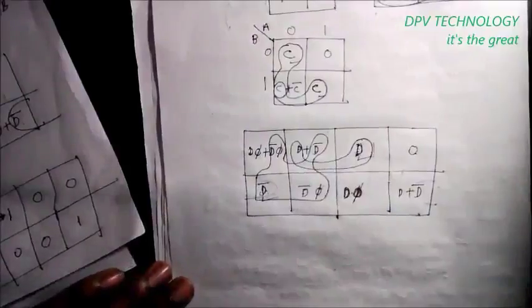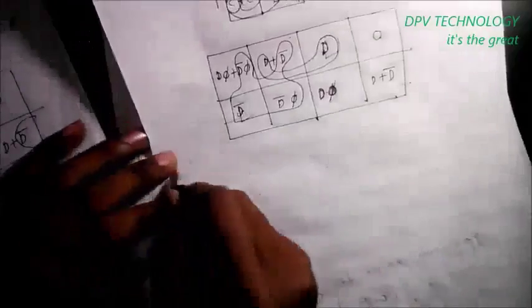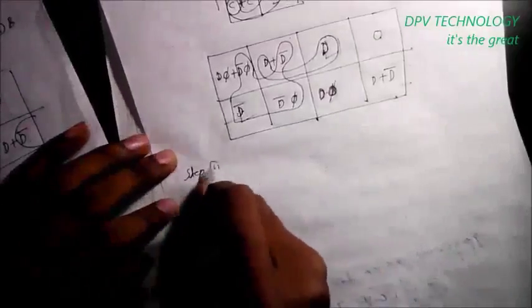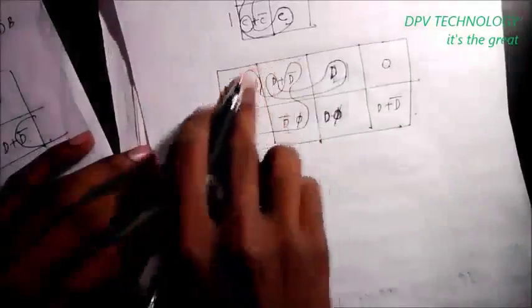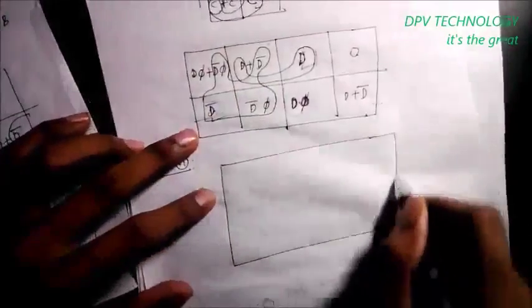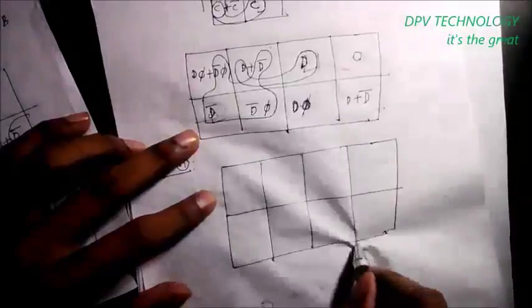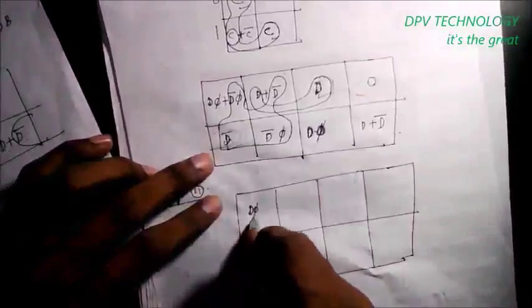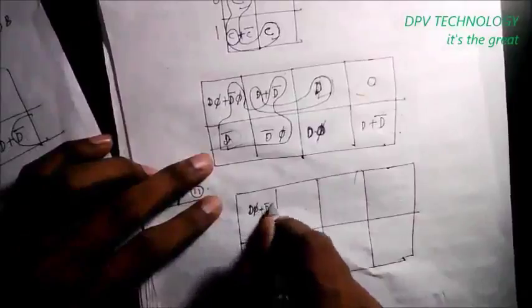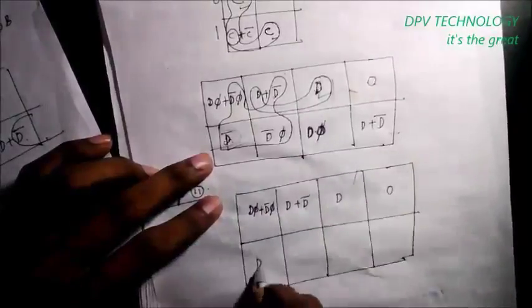Then we will go to step 2. Now I am coming to step 2: how to read this grouped variable. So here we have D don't care or D bar don't care, D or D bar, D0, D bar.